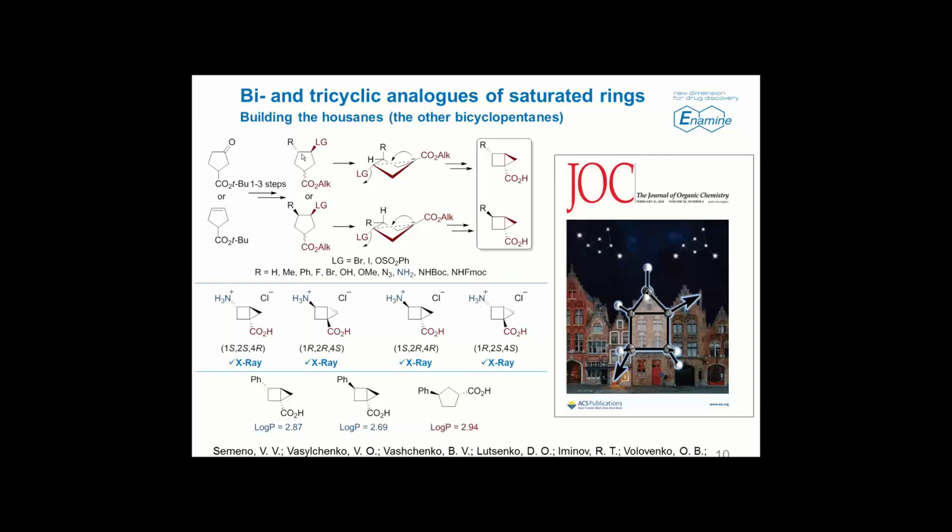We have used here either addition of bromine and a nucleophile, for example, bromine and fluoride, or bromine and azide ion. Or we have used ring opening of the corresponding epoxide with organometallic reagents to produce this stereochemistry.